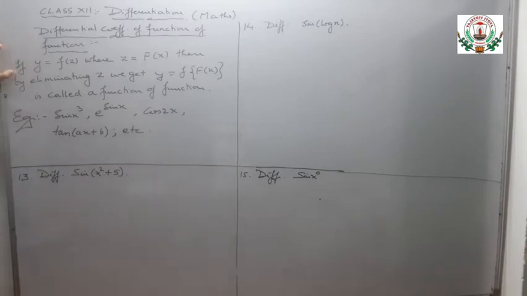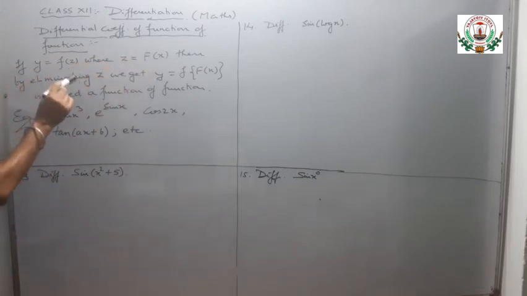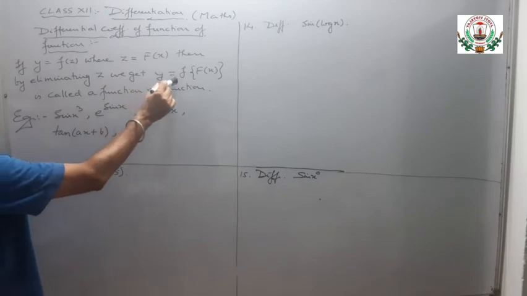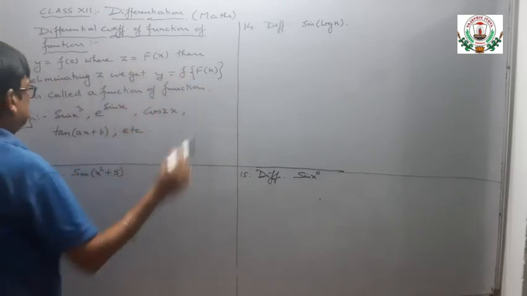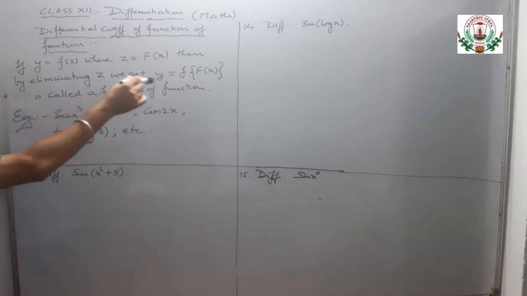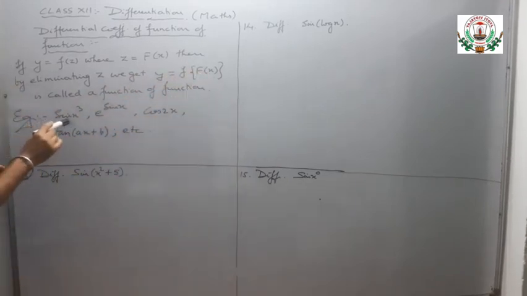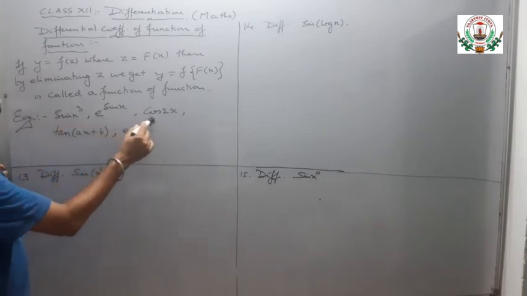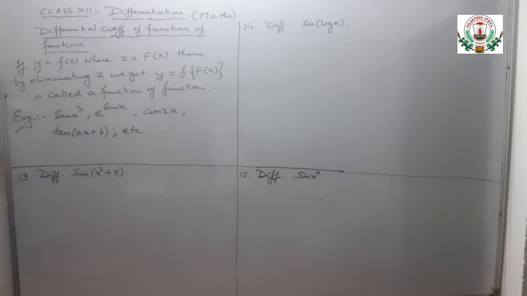If y equals a function of z, where z is a function of x, then by eliminating this z we get y equals f, where in place of z we substitute this function of x. This is called a function of a function. Examples: sin x cube, e to the power sin x, cos 2x, tan(ax plus b). So these are all functions of functions.